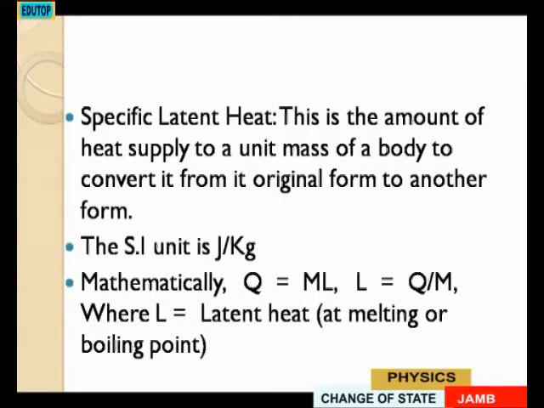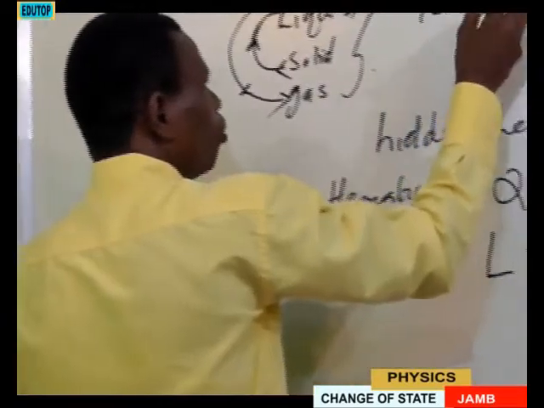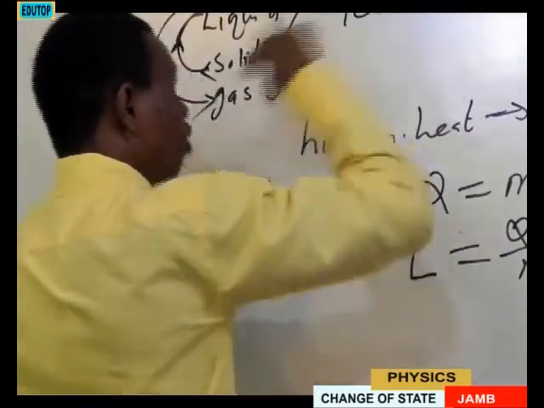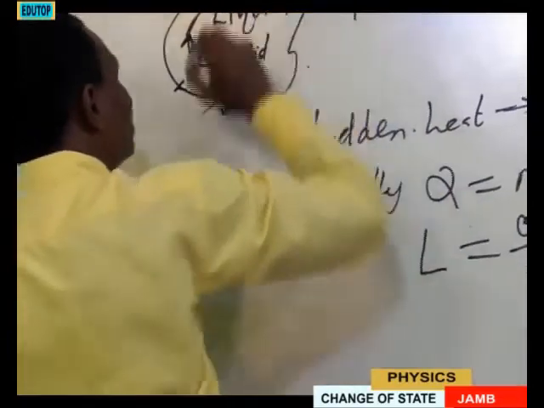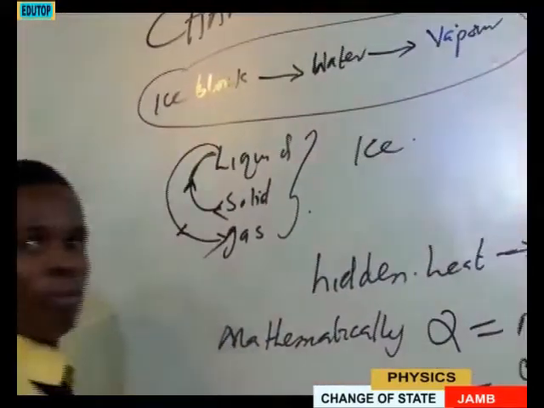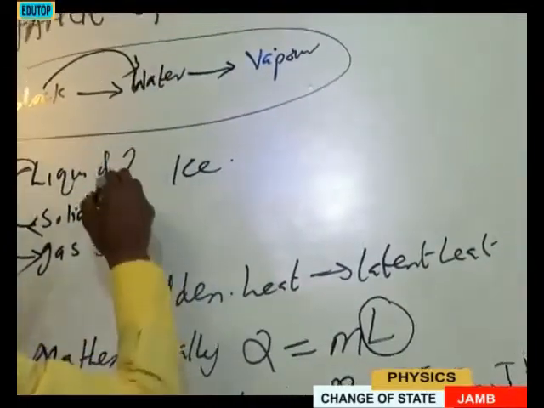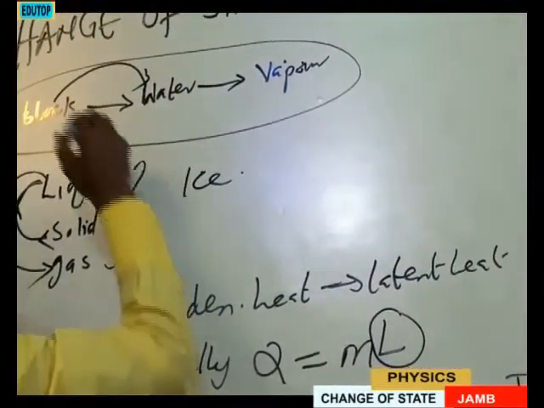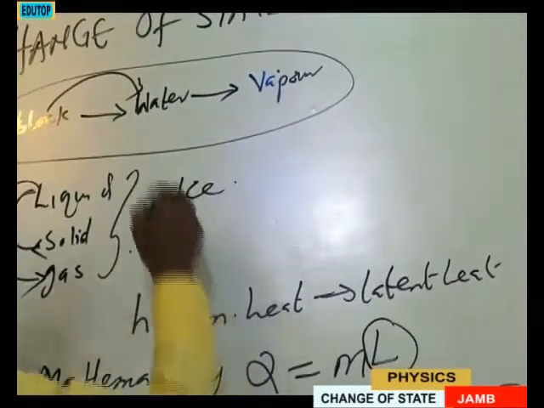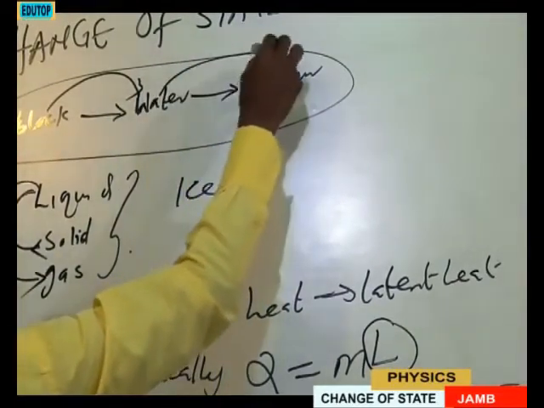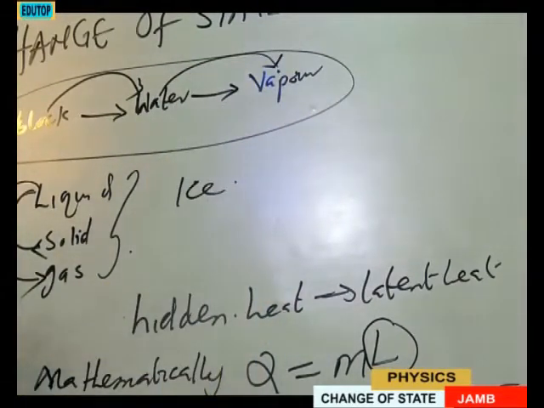Melting is ice, boiling is at vapor. Melting is from ice to water, then for boiling, that is from water to vapor. Let's take note of that.